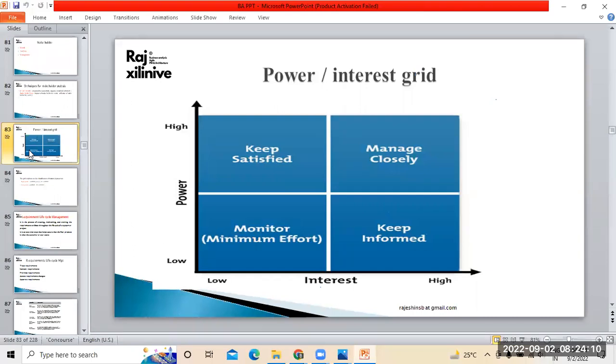Second is high power, low interest people: subject matter experts, SMEs, as we normally call them. Not only subject matter experts, we can even consider shareholders of the organization, people who have invested money in the organization, as coming under high power and low interest people, like investors.